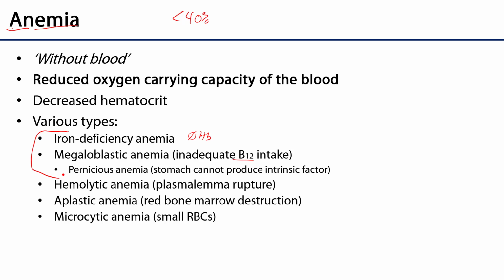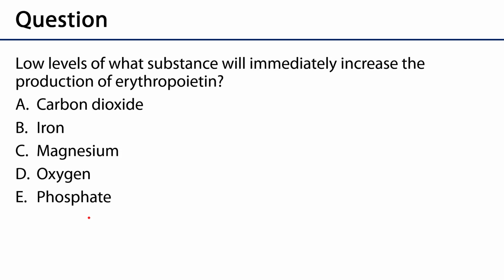You can have hemolytic anemias, where you have lysis, hemolysis of red blood cells. You can have aplastic anemia, where you don't have the hematopoietic connective tissue to produce as many red blood cells as are needed. Or you can have the production of very small red blood cells, such as microcytic anemias. And the list goes on and on. So the important thing to realize is that there isn't just one thing that causes anemia.